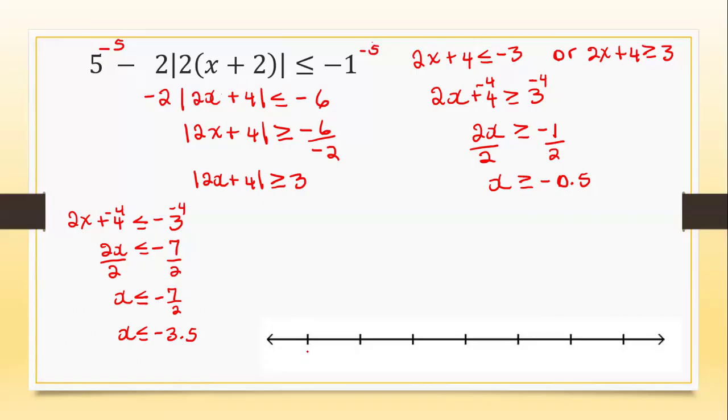Let's make this -4, -3, -2, -1, and 0. So we have -0.5 right here. And we have -3.5 right there.